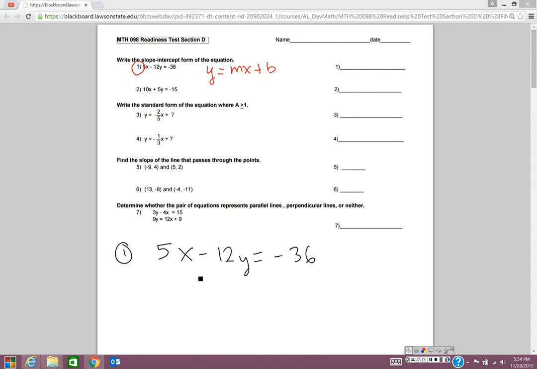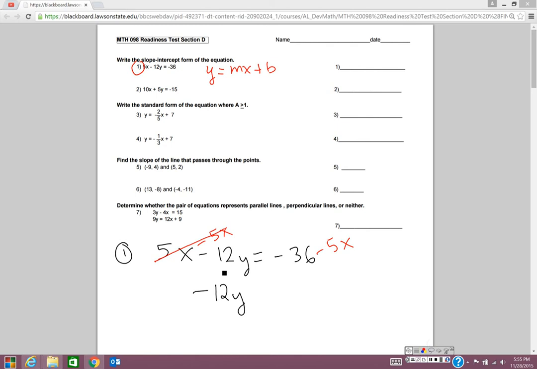As you can see, x and y are on the same side, so we need to get that x out of the way first. So we're going to do that by subtracting 5x from both sides. If we subtract 5x from the left side, 5x minus 5x is 0, of course, and what we have left is negative 12y.